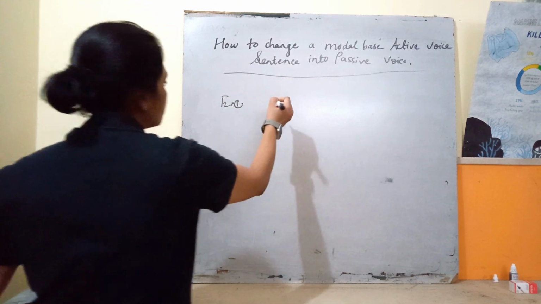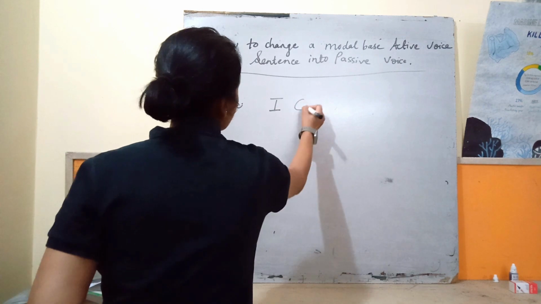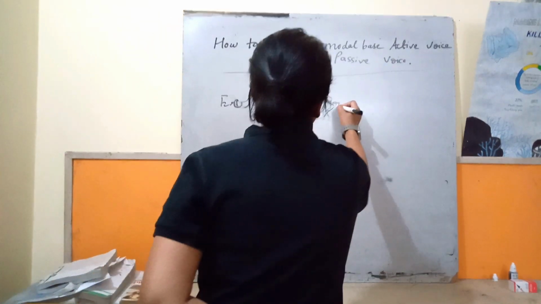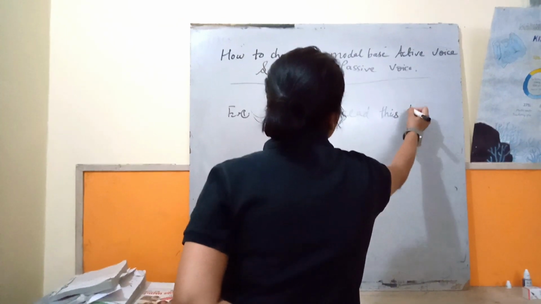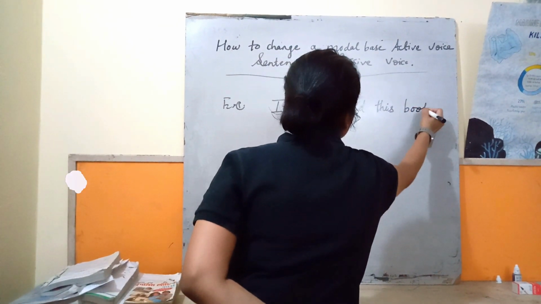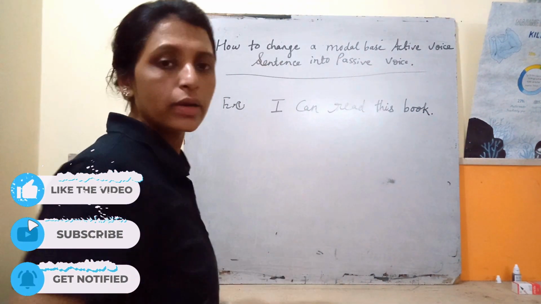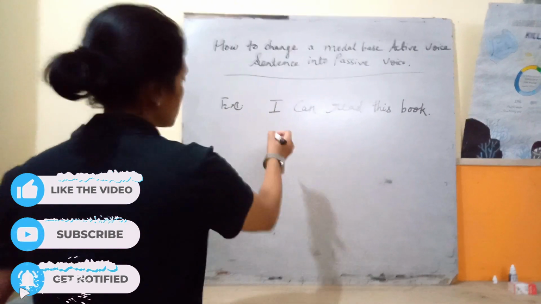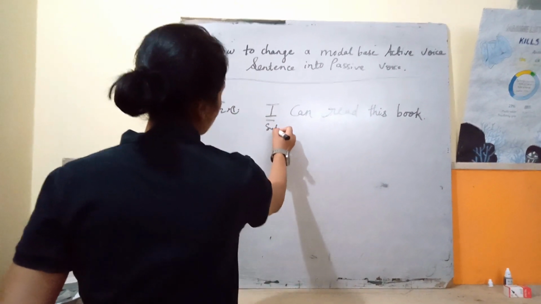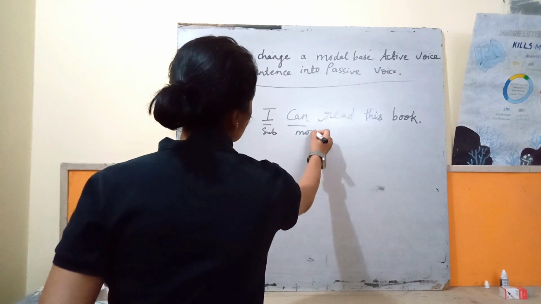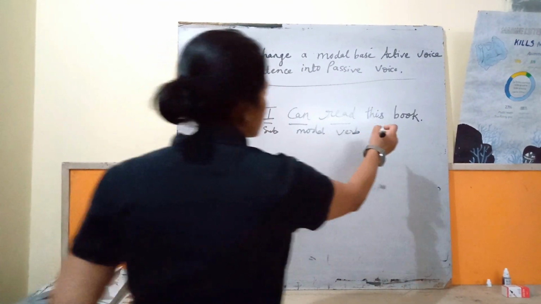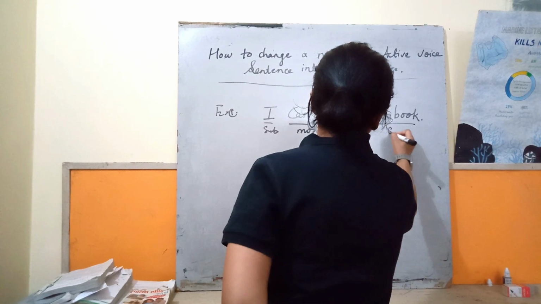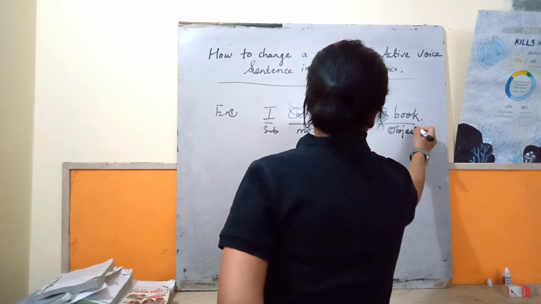Example 1: I can read this book. This is the subject, which is a pronoun here. This is a modal. This is the verb, and this is the object here.